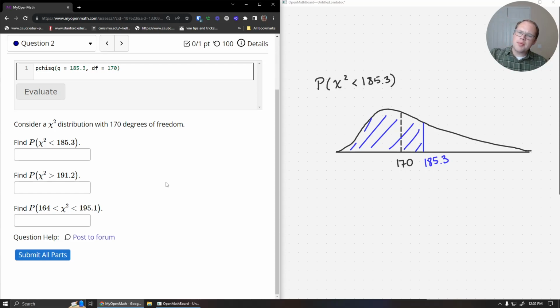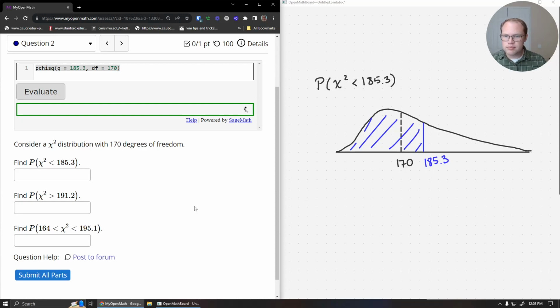And we want the probability to the left, and this function tells us the probability to the left of that quantile value. So this is going to give us the answer we're looking for. And it's 0.800105. There's about an 80% chance that a randomly chosen chi-square value, if we're looking at a chi-square distribution with 170 degrees of freedom, is going to be smaller than 185.3. Okay?